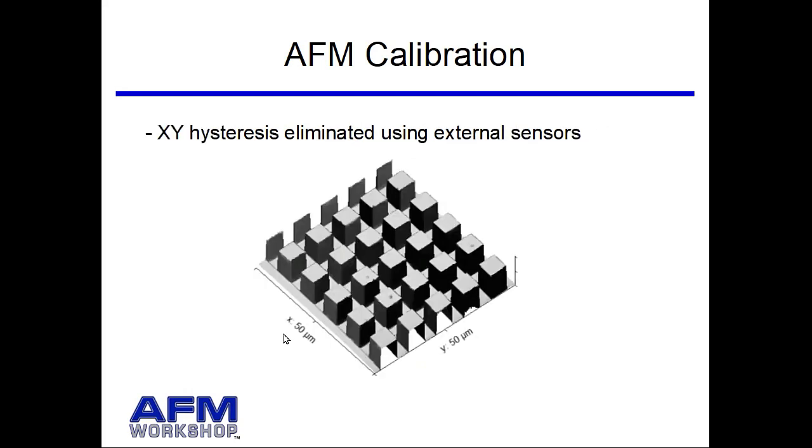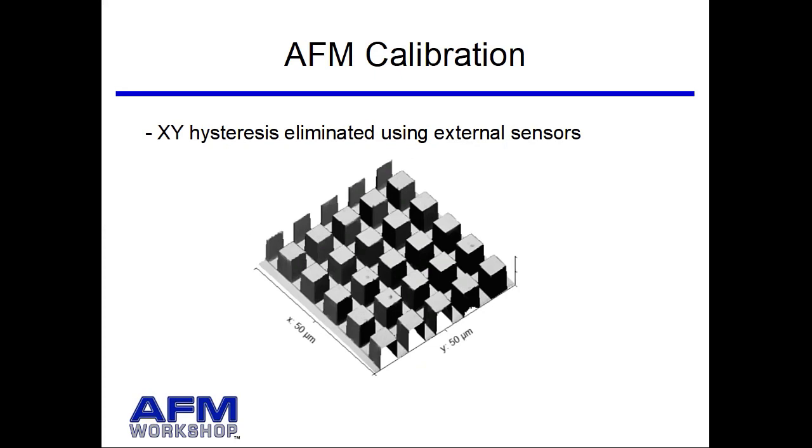So this is an example right here for a calibration reference sample. These are available from different companies. They're usually test patterns that are made from silicon. And you can use external sensors like strain gauges on the piezoelectric ceramics and use a feedback loop, and you can linearize the motion of the XY axis.